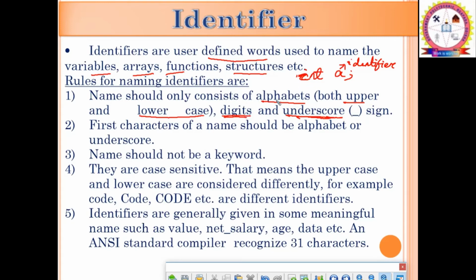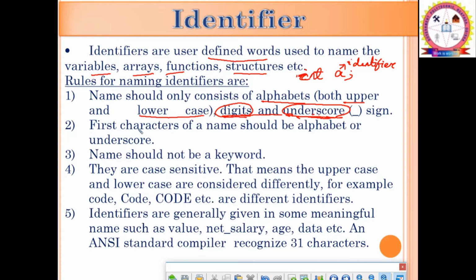You can use just alphabets, or use the underscore also, and combinedly we can use them, but we cannot use just digits, and we cannot use just an underscore. So the name should only consist of alphabets, digits and underscores.